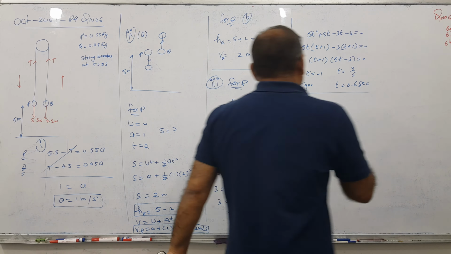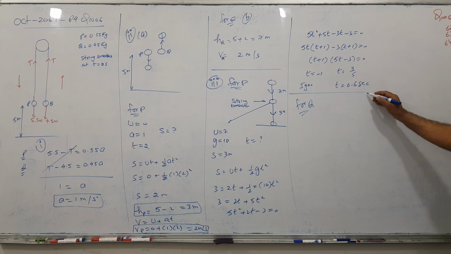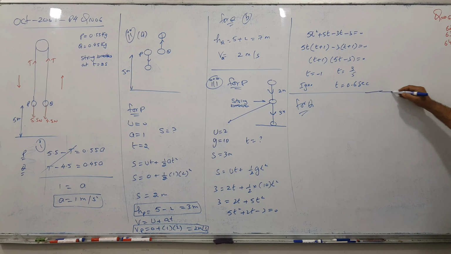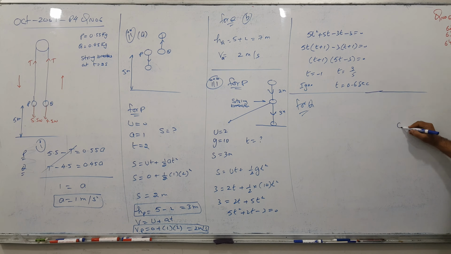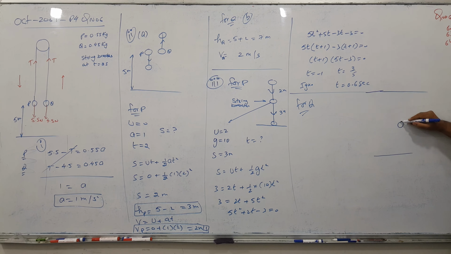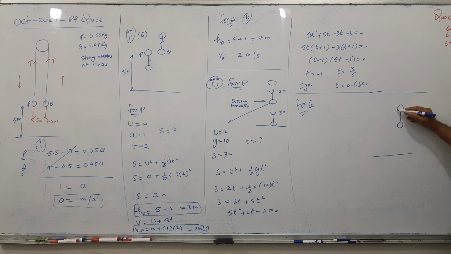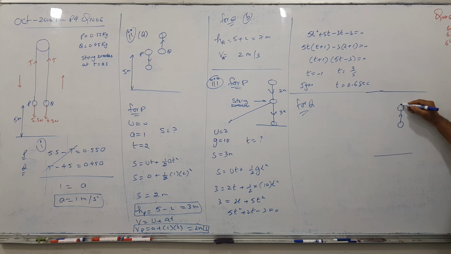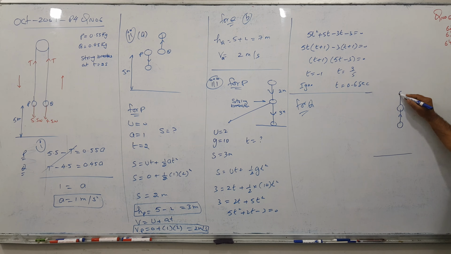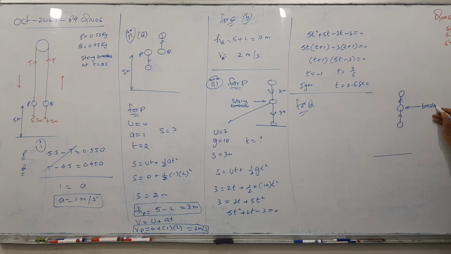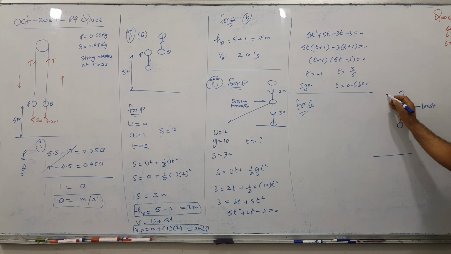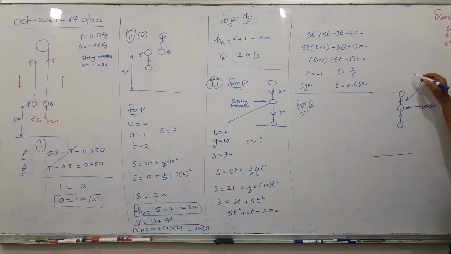So I will make a plan behind. Look attentively now. I make a plan for Q. First of all, this is the ground level. First, it is traveling here. The string breaks here, and it goes slightly up. The last speed is 0 here. This is a motion due to inertia, a motion like free fall upward.